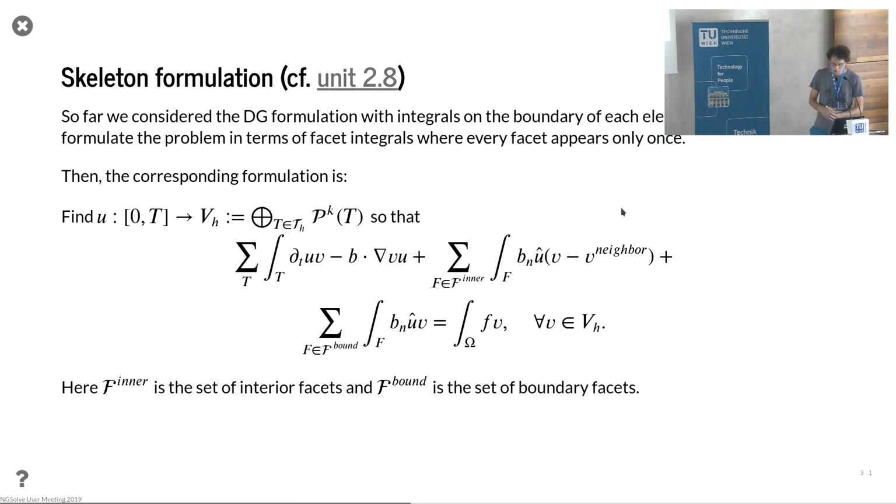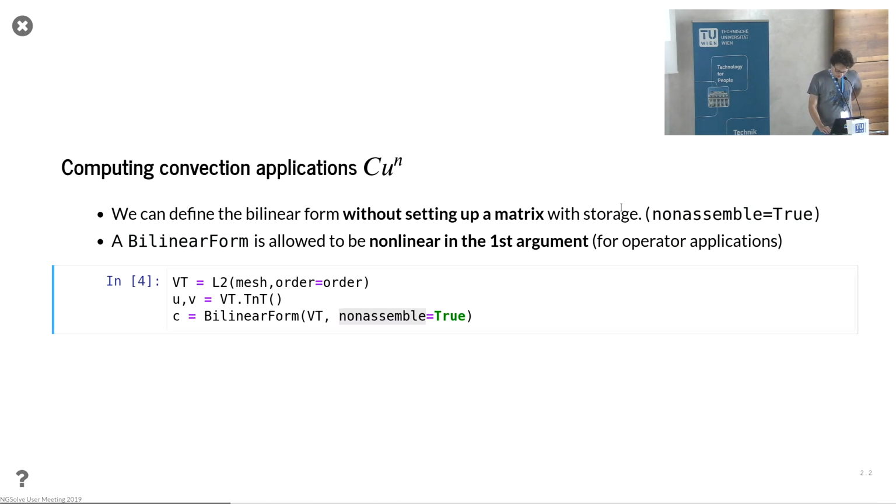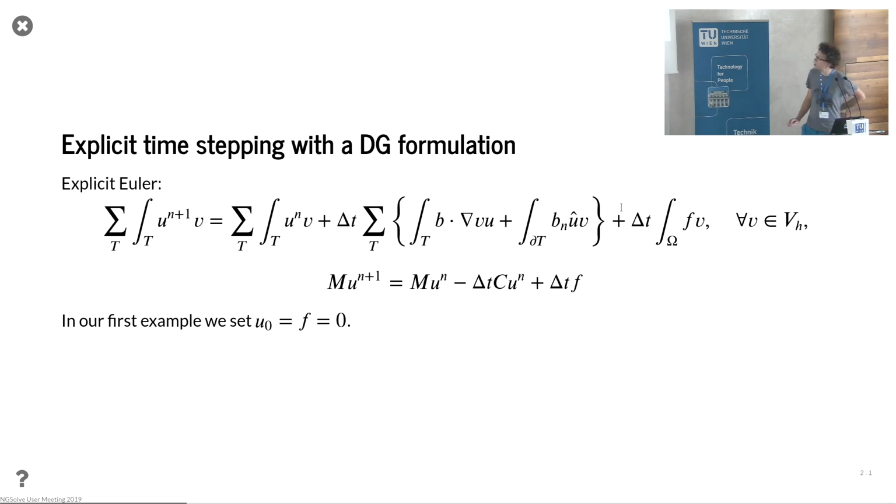So we can improve the situation a little bit by realizing that before in the DG formulation, we formulated everything with respect to element boundary terms. So here the integrals that involve the numerical fluxes are on the boundary of each element. That means in principle that every term that we compute here has to be computed more or less twice, from the one side once and from the other side a second time.